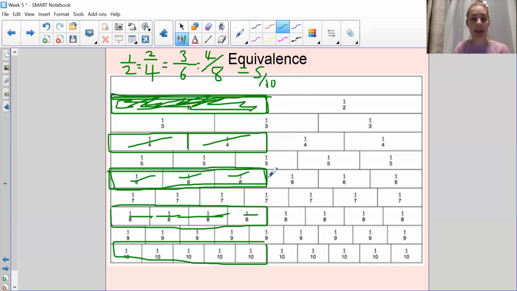If I had a pizza, say these were pizzas, and I cut them into a half, that would be the same amount as eating 2 quarters, which would be the same amount as eating 3 sixths, which would be the same amount as eating 4 eighths, and the same amount as eating 5 tenths. I've eaten the same amount, there's no difference. So all these fractions are equal to one another, even though they have different numbers.